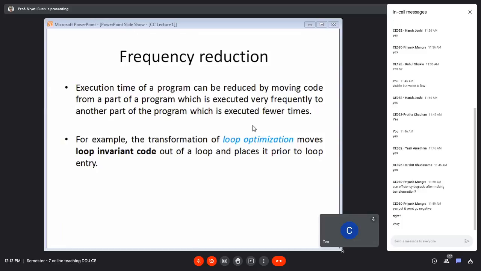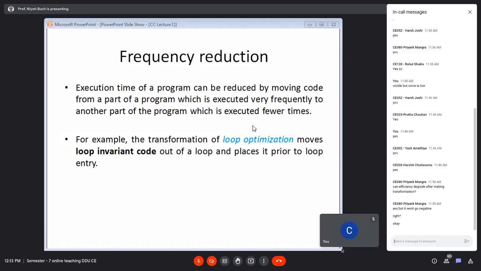That is how we reduce the frequency of the loop invariant code. Moved outside the loop, it gets executed only once, and that is how we reduce the frequency at which it is executed.